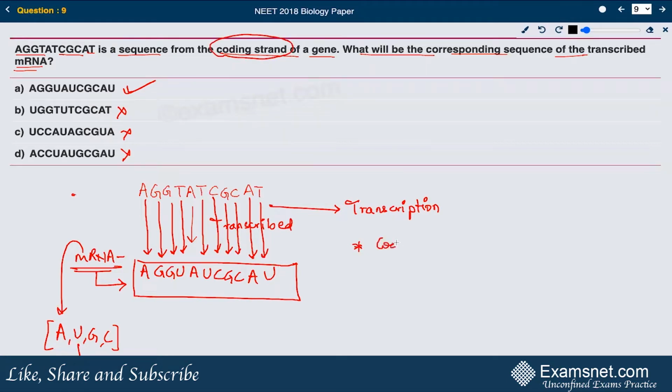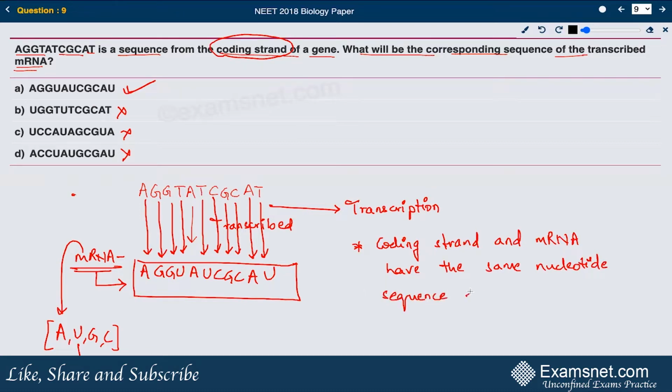So we can write that coding strand and mRNA have the same nucleotide sequence, except thymine, which is replaced by uracil.